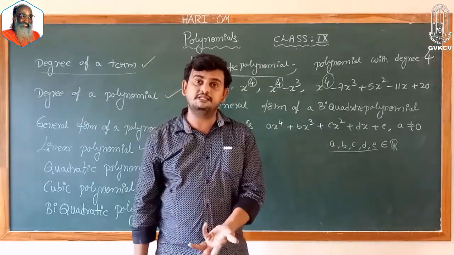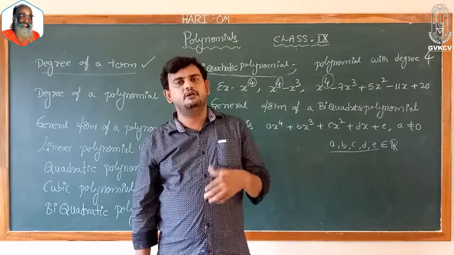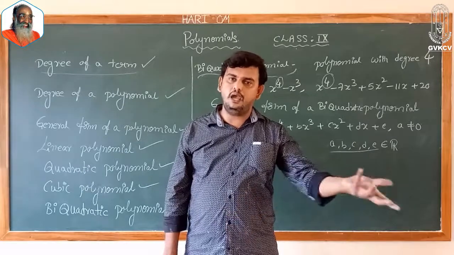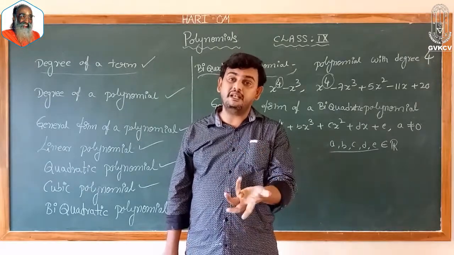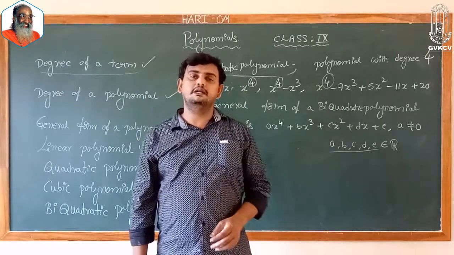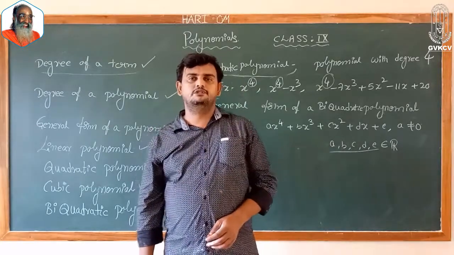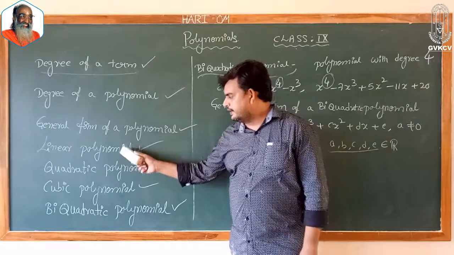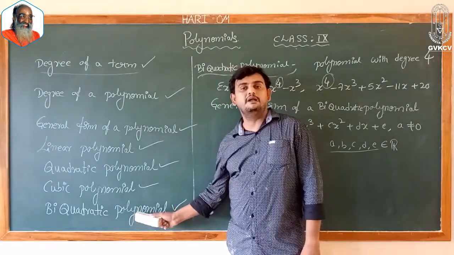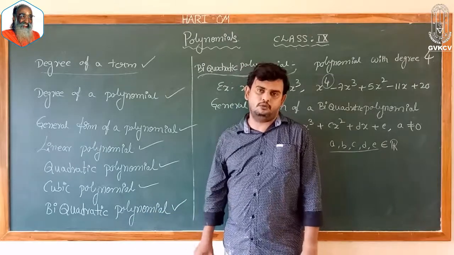If the degree is 6, 6th degree polynomial. If the degree is 7, 7th degree polynomial. If the degree is 8, 8th degree polynomial. If the degree is 10, 10th degree polynomial. If the degree is 100, 100th degree polynomial. So these are the types of polynomials we have based on the degree of the polynomial.